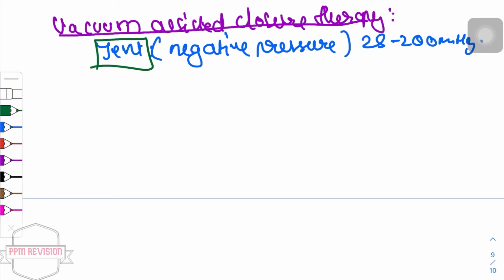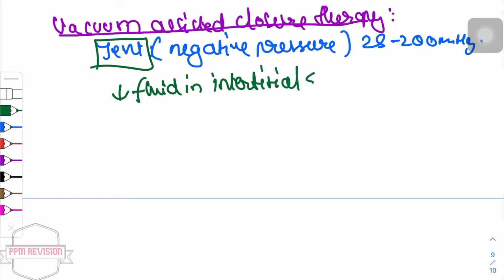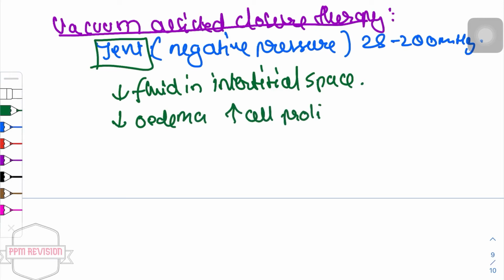After formation of the tent, it causes decreased fluid in the interstitial space. After the reduced fluid, it decreases the edema and increases cell proliferation.